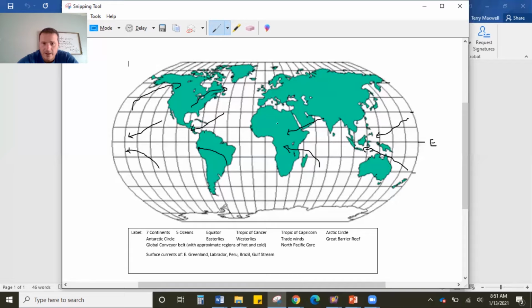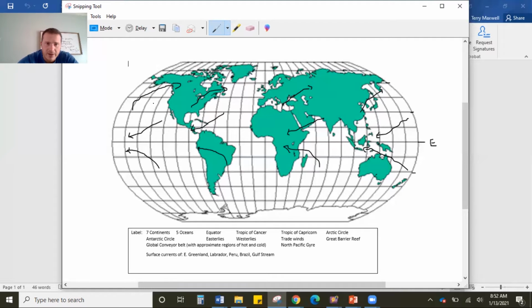Giving us a kind of clockwise motion there. And if you think about that, that makes sense with how our weather works. Our weather kind of usually pushes from west to the east across the United States.